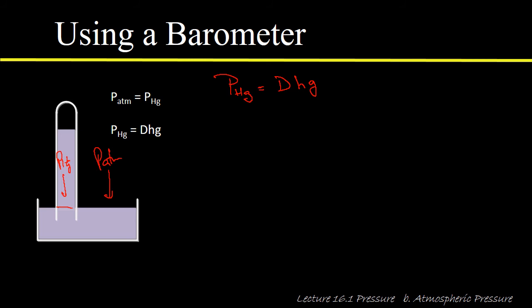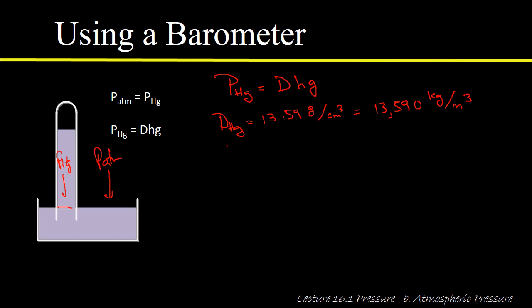And the density of mercury is 13.59 grams per cubic centimeter, which is equal to, I'll let you go back and try that conversion factor that we did a few pages ago, 13,590 kilograms per cubic meter.